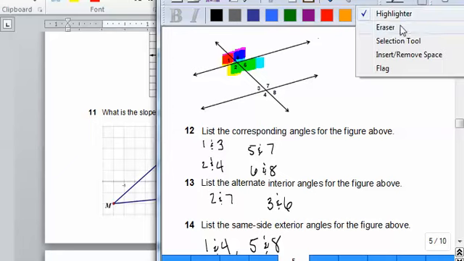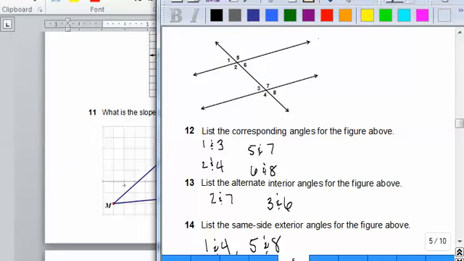So that's all of the ones from up here. They're any of the ones that draw a straight line. So 1 and 2, 2 and 6, 6 and 5, and then 5 and 1 are all of my linear pairs. They all make a straight line.